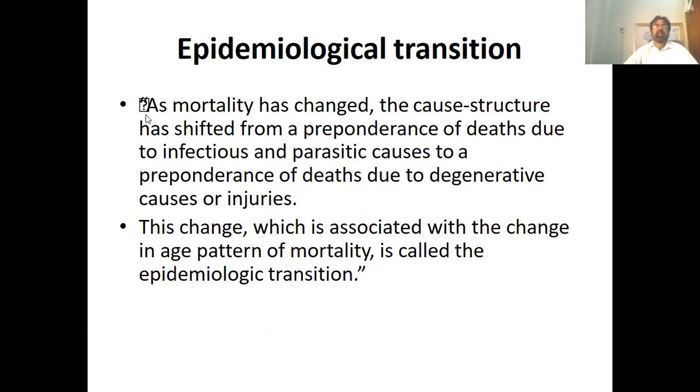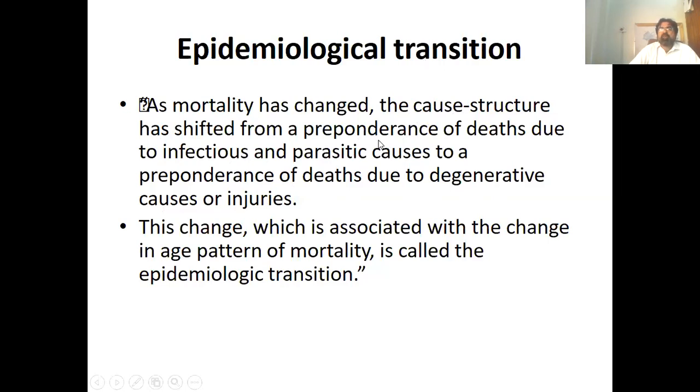Epidemiological transition. As mortality has changed, the cause structure has shifted from a preponderance of death due to infectious and parasitic causes to a preponderance of deaths due to degenerative causes or injuries. So the causes of morbidity and mortality we discuss in epidemiological transition.